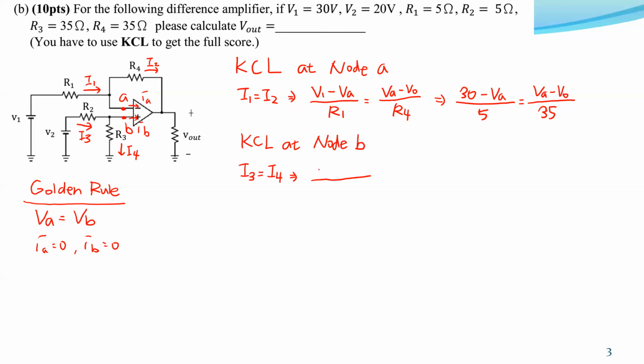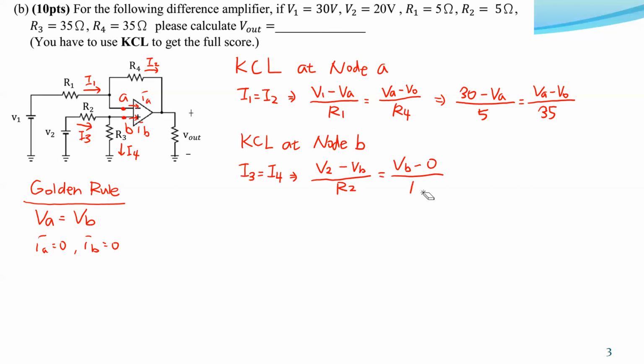So we have V2 minus VB divided by R2 equals VB minus 0 divided by R3.